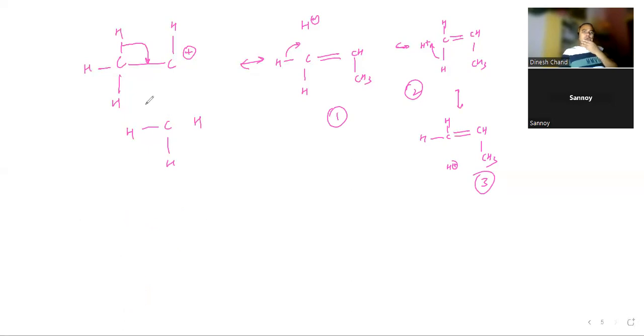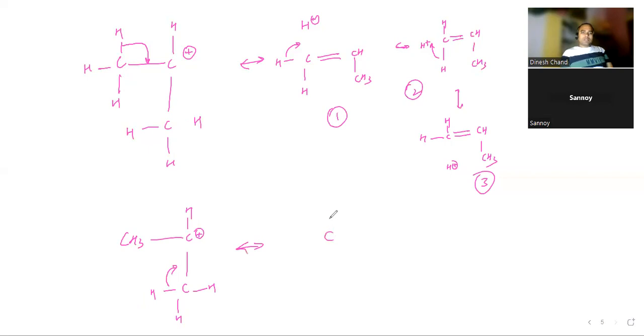Now, see the next one. With another methyl group, I am making another CH3, C. Here is the hydrogen. Here is the positive charge, but here the bonds are like that. So this electron is going to shift here.